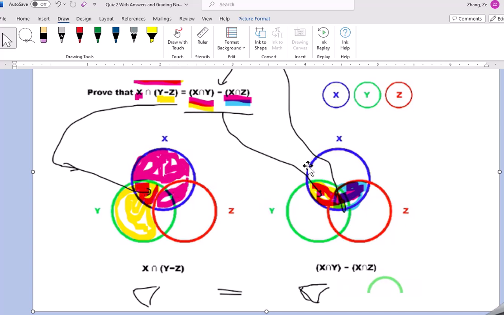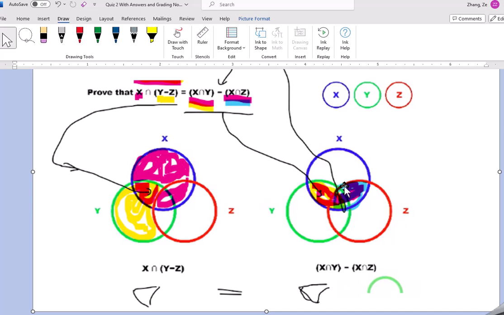And on the right hand side, we still have X, Y, Z, but we do it differently. X intersection Y is this kind of like a football, shaped kind of like a fish. And then X intersection Z, this blue and red one.